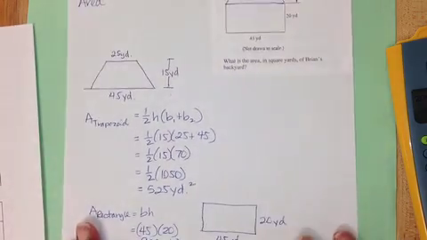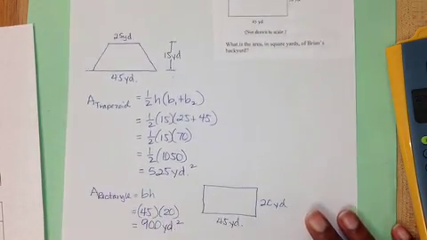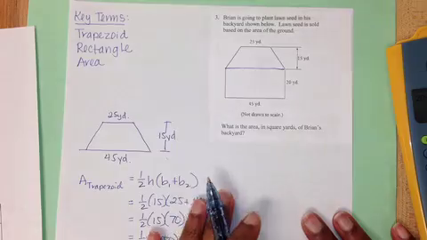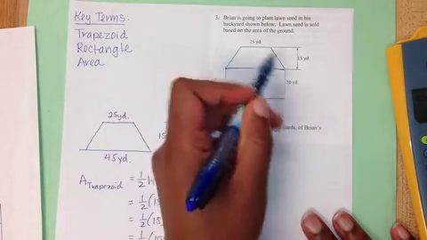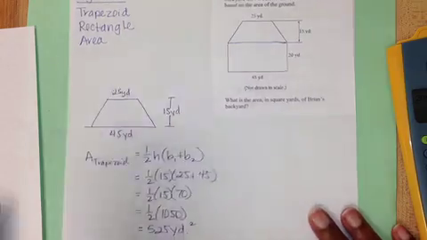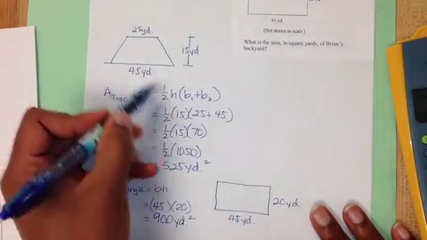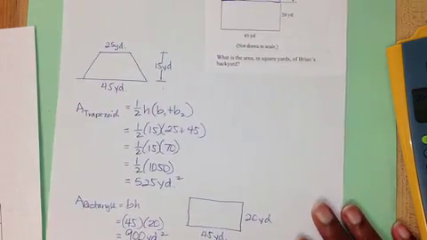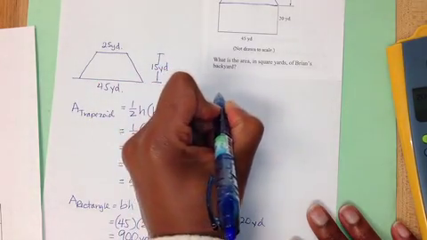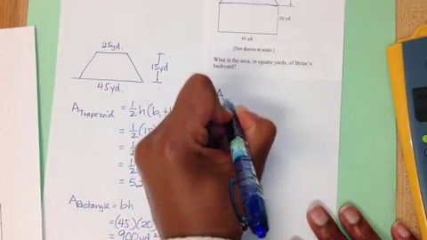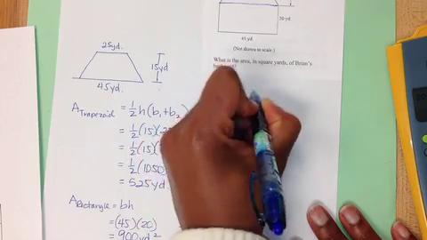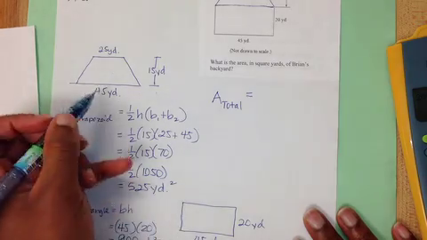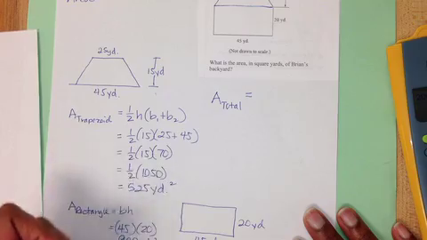So you're probably saying, okay, we're done. However, remember that it's saying, what is the area in square units of Brian's backyard? This whole entire figure includes Brian's backyard. So what we've done here is only taken the area of these two separate figures. So now we have to find the total area of the backyard. So I'm going to go ahead and label A here and subscript total. And when we reference the total area, we're meaning that we're taking the sum or adding up both of the areas.